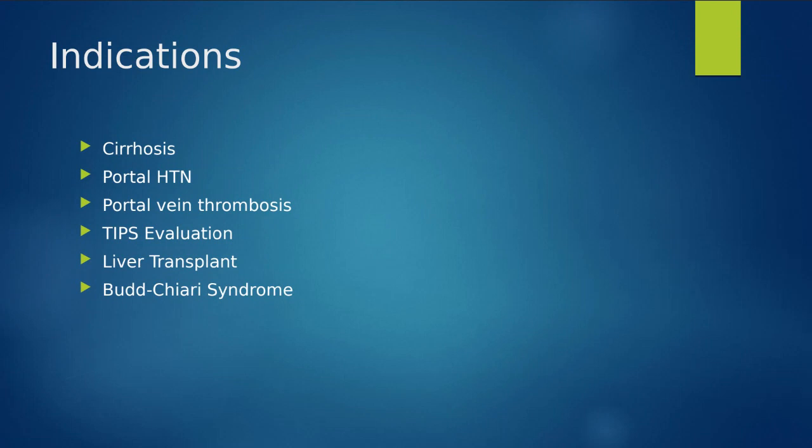Any patient who has had a partial or total liver transplant is going to be getting Dopplers done of those vessels to make sure that they aren't rejecting that organ. And any patient who has Budd-Chiari syndrome, as we've learned about, that is that obstruction of the hepatic veins draining into the IVC. So of course we want to be evaluating those veins with this type of protocol.